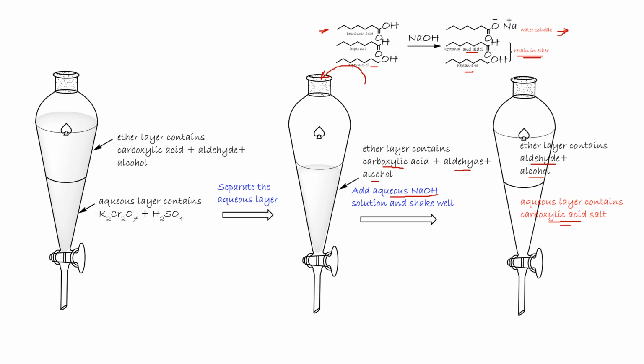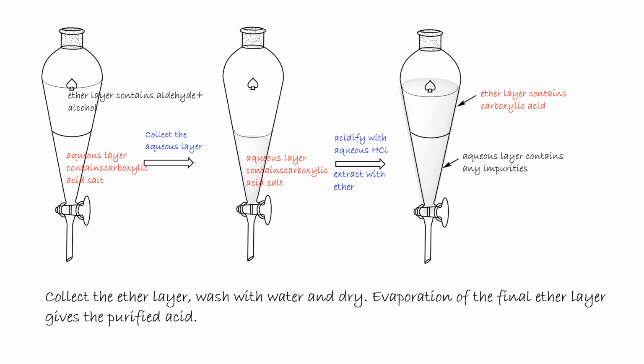Okay? Taking the aqueous layer and acidify it with aqueous HCl, getting the acid back, extract with ether, so the acid will be in the ether layer.